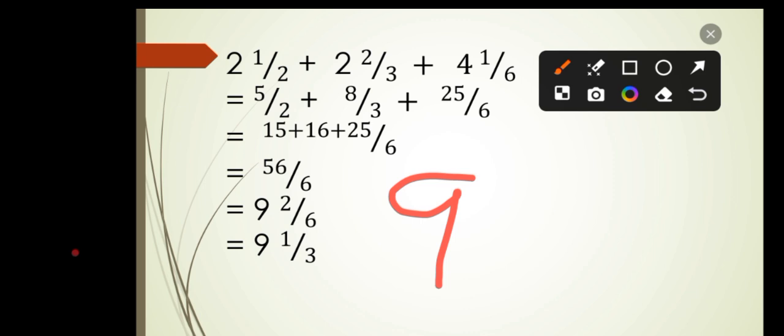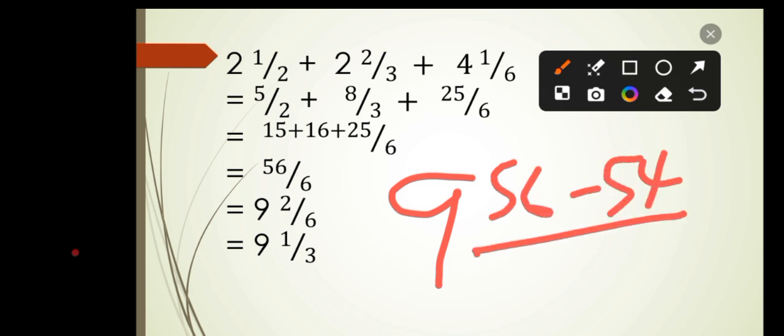If you multiply 6 by 9, you have 54. So what will be left? We have 56 minus 54, which will give us 2, the remainder over 6. That's how we have 9 whole number 2 over 6.